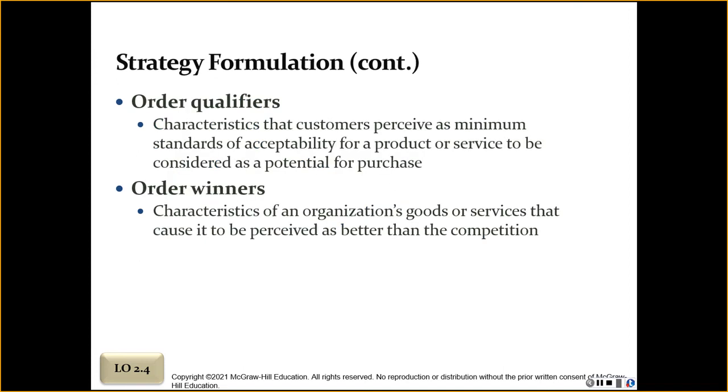All right, so order qualifiers and order winners. Order qualifiers are characteristics that customers perceive as minimum standards. Again, I'll talk about the iPad 2. When it was introduced, $500. A few weeks before its launch, their competitor, Motorola, introduced a product called the Zoom, which was supposed to compete with the iPad.